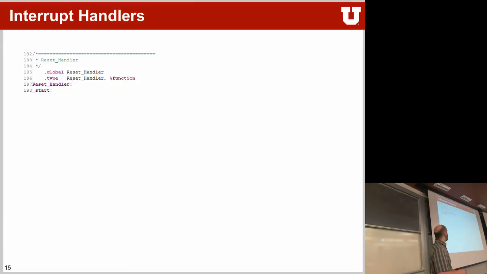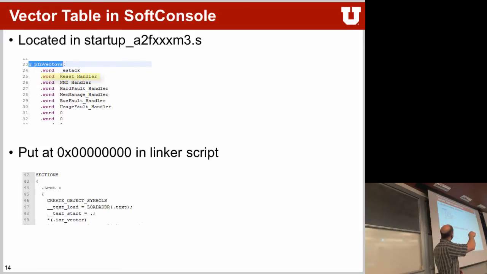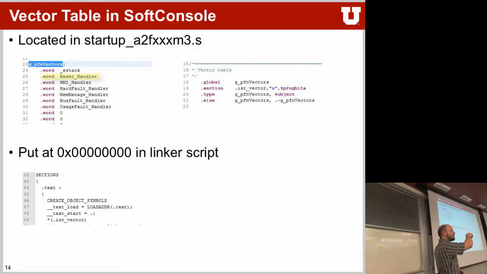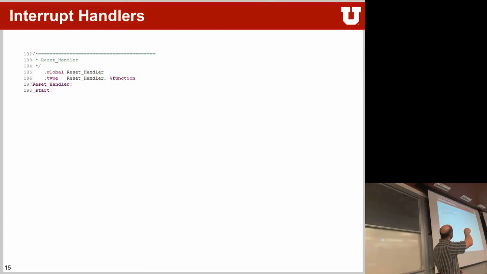Interrupt handlers are then defined with a .global. So this is a function call, right? Reset handler. If you looked here before, we have the reset handler defined. So over here, it's a global reset handler, and this is the implementation of the reset handler. This is really the code where your microcontroller will start execution. It's not main, if you noticed.